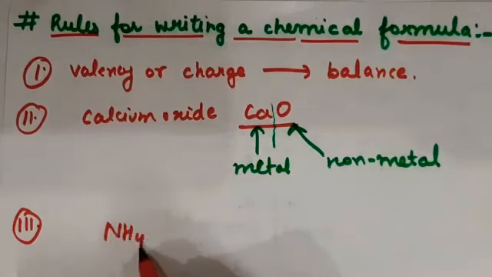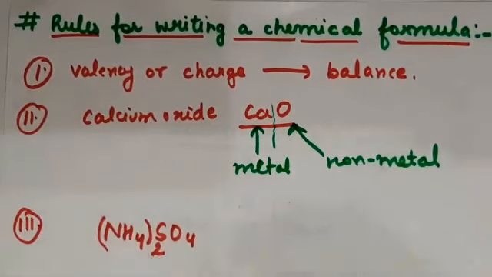Suppose this is ammonium sulfate. We enclose the ion in a bracket before writing this number 2. 2 means the ammonium ion is present 2 times. So this is the third rule.